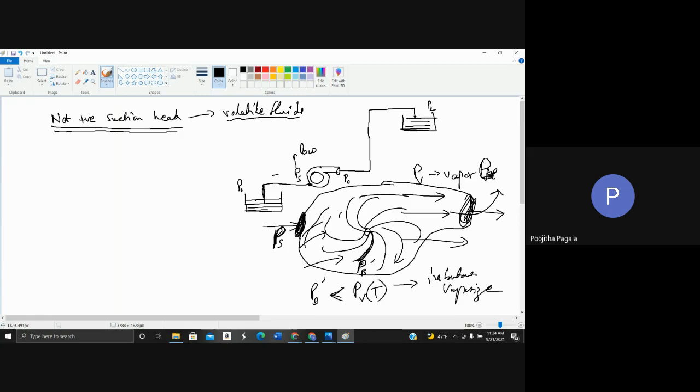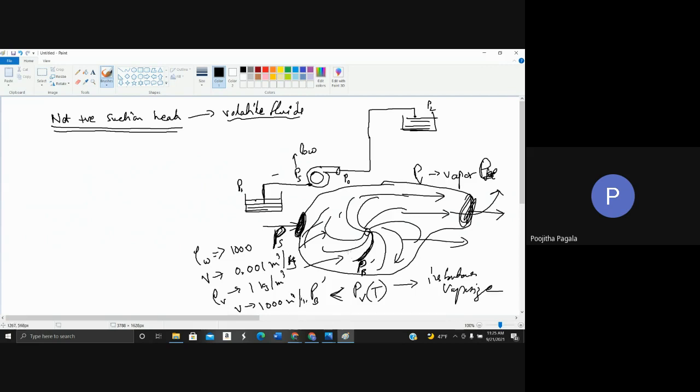Whenever you have a fluid vaporizing, we know that the density of water is 1000 kg per meter cube, which means the specific volume of water is 0.001 meter cube per kg. That is, if you have 1 kg of water, it is going to occupy 0.001 meter cube. Similarly, the density of water vapor is around 1 kg per meter cube, which means the specific volume is 1000 meter cube per kg.